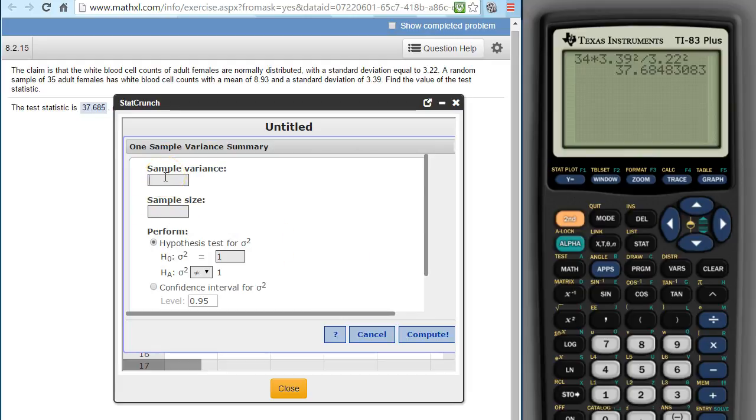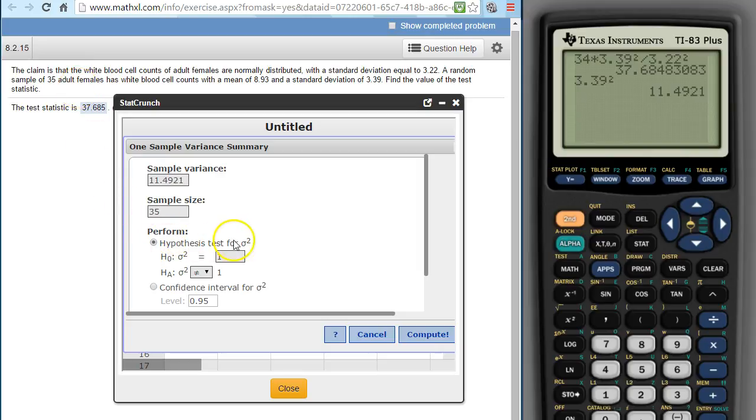The sample variance is 3.39 squared. Oops, sorry. 3.39 squared. It's 11.4921. And then the sample size is 35.